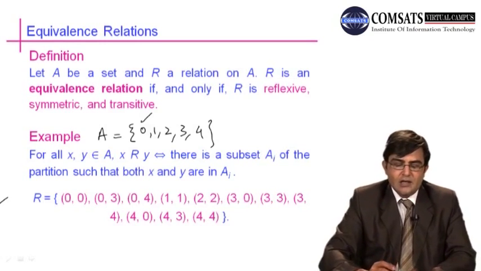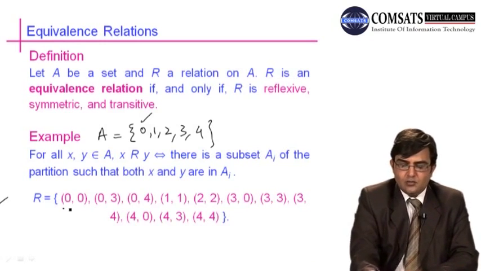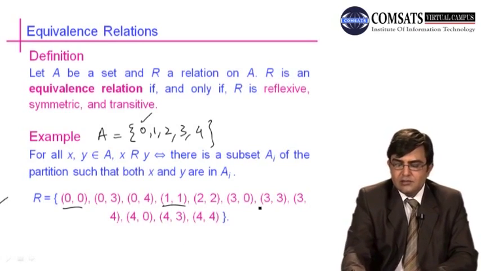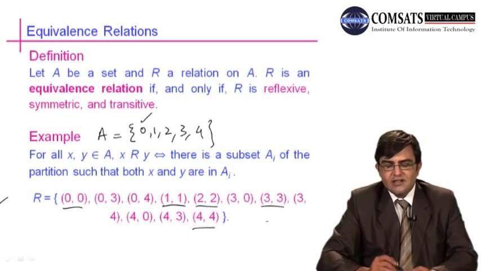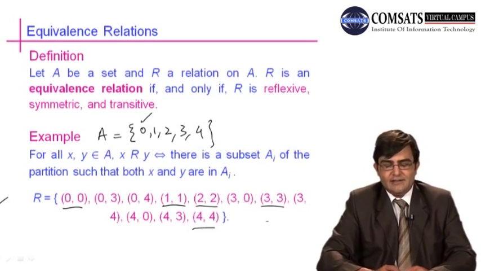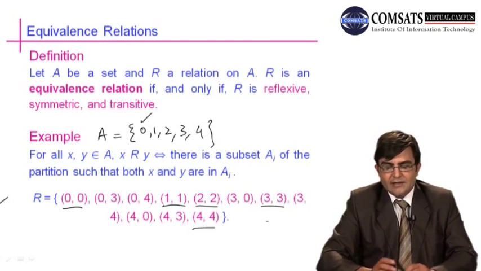Here we have (0,0), (1,1), (2,2), (3,3), (4,4). So every element is related to itself under the relation R. Therefore this relation R is reflexive, as we can also check using the directed graph.